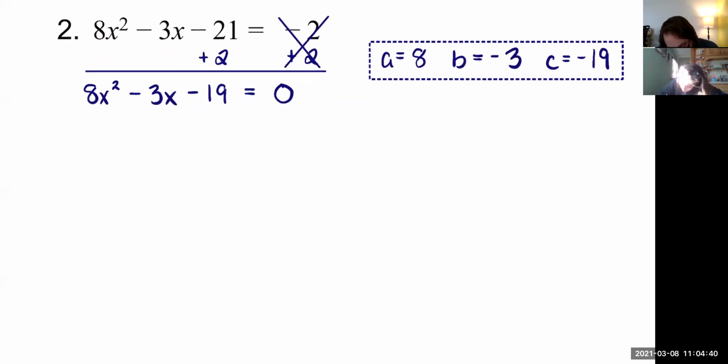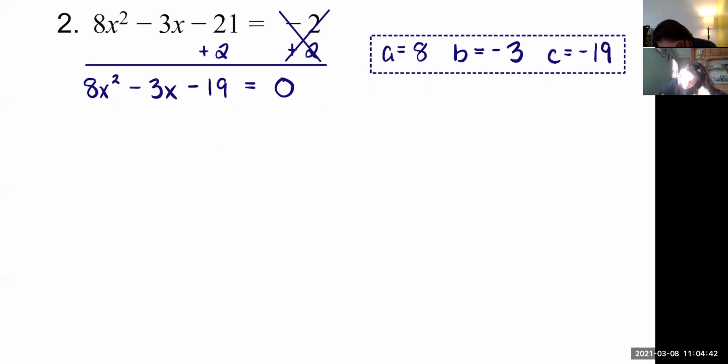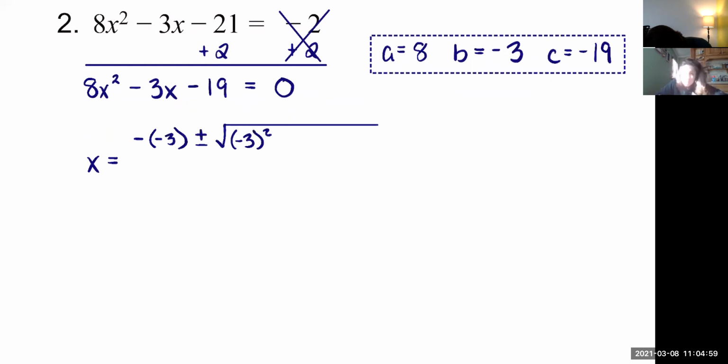So with those values, we're ready to plug into our quadratic formula yet again. So we're going to have x equals -b. So we'll have negative, and then the b is a -3, plus or minus the square root of b, which is still a -3, squared, minus 4 times a, which is 8, times C, which is a negative 19.